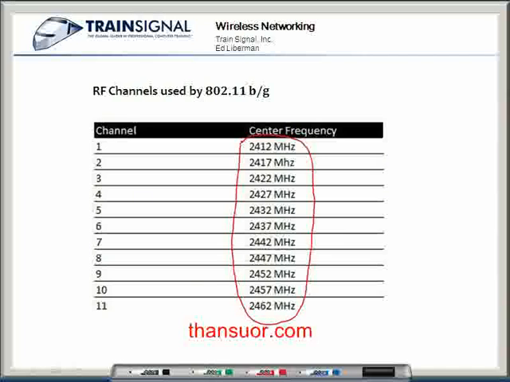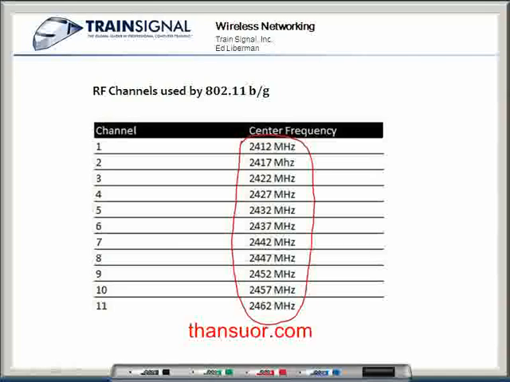The reason I say center frequency is because there's a frequency range that each channel uses, and that range is approximately 30 megahertz. So if for channel 1 we have 2412, you're going to get all the way down at 2397 on the low end and 2427 on the high end.